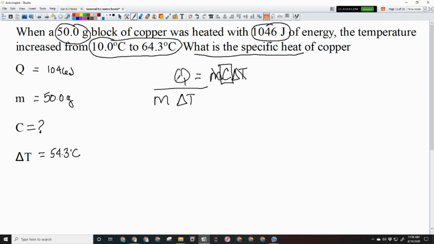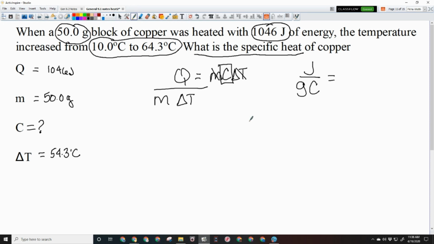So let's think about our units for specific heat. Joules per grams degrees Celsius. Does this match? Well, Q is in joules, M is in grams, mass, delta T, temperature, is Celsius. So we have joules per grams degrees Celsius. So these are going to be the units for our answer, joules per grams degrees Celsius.